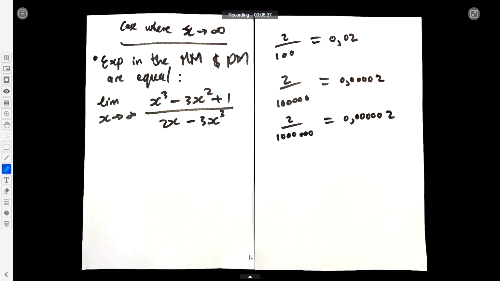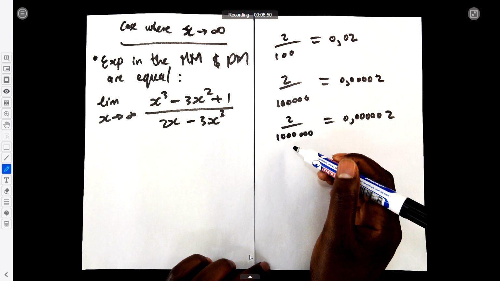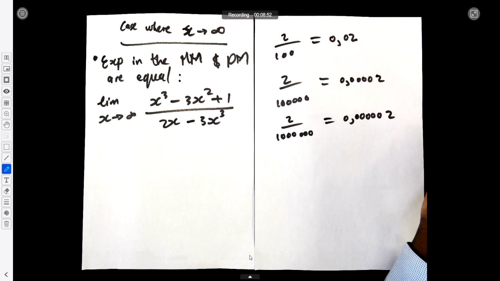The more we're dividing 2 by a bigger number, the further we get to 0. So I want you to see that the more we divide a smaller number by a bigger number, we're getting more decimals of 0. Let's say, for example, round off this answer into 2 decimals.